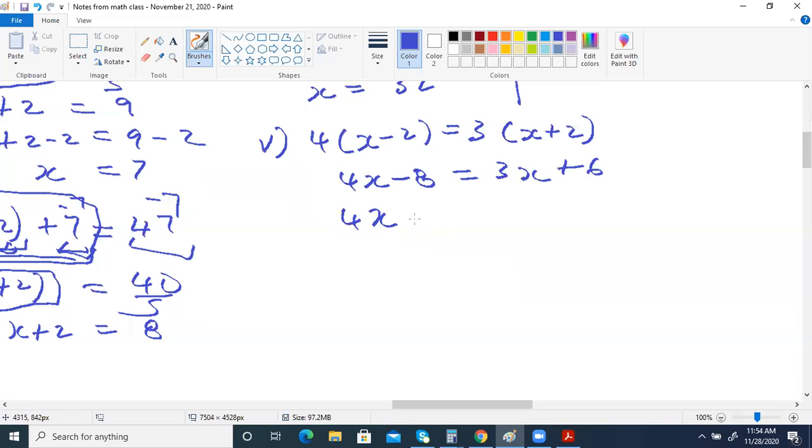What is going on here? Minus 3x equals 6 minus 8. Add 8 to both sides to put it on the other side, so you get a positive 8. Minus 3x equals 6 plus 8.